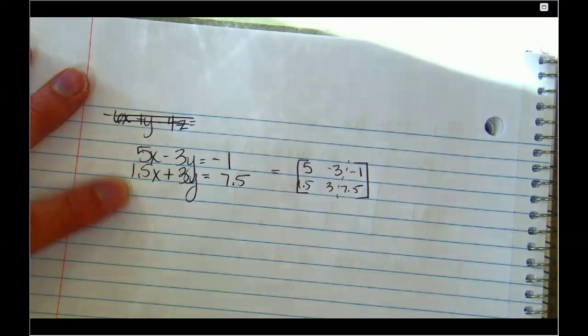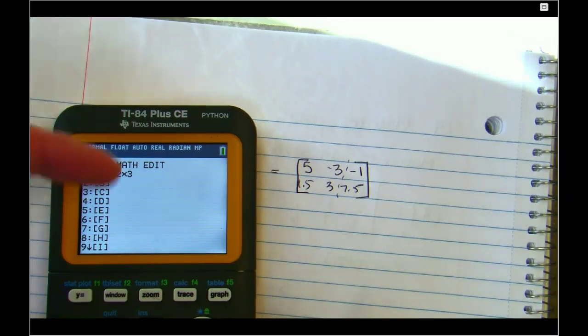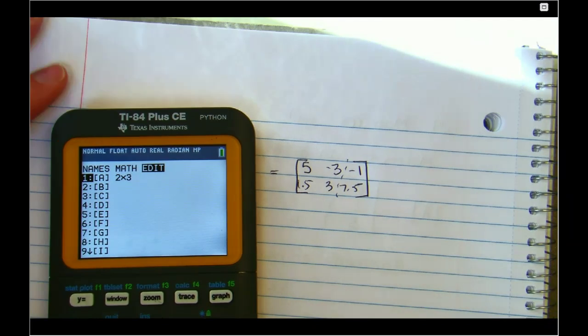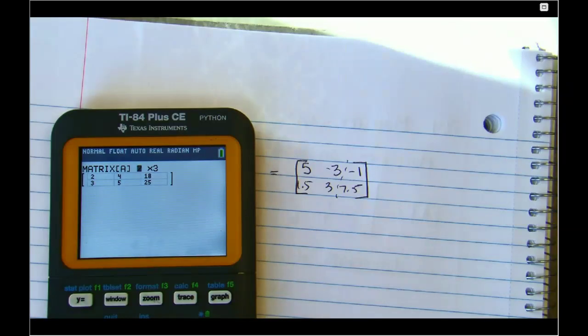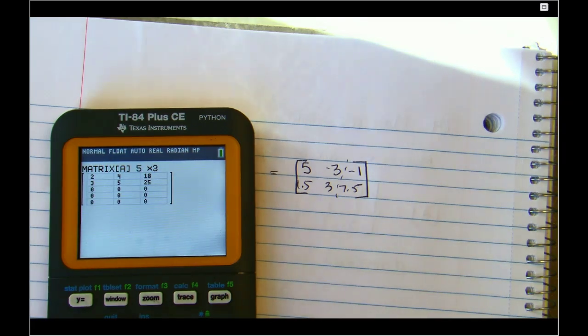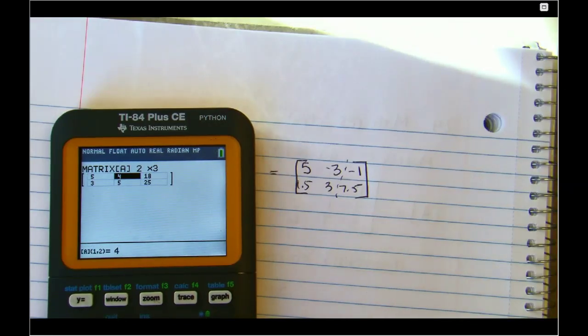If you go back into your matrix menu, make sure you hit edit, because I always forget that. You got to go over to edit. If you put it in the same one, you're going to save yourself like 7 steps. Okay, so go ahead and put that in, then don't do anything. Oh, shoot. 2 by 3. It should type right over.